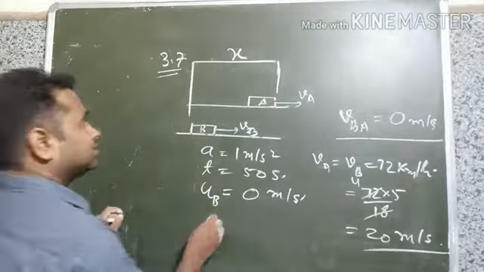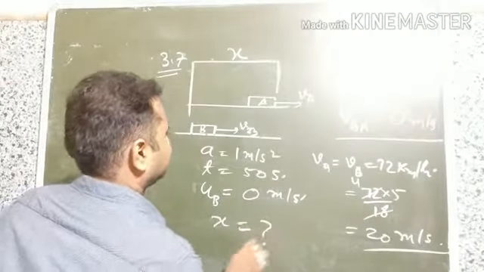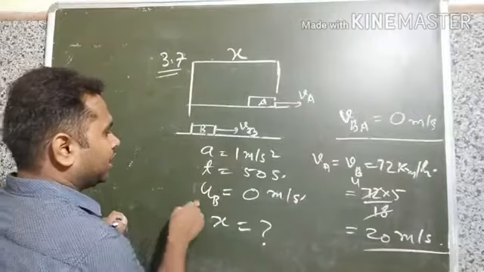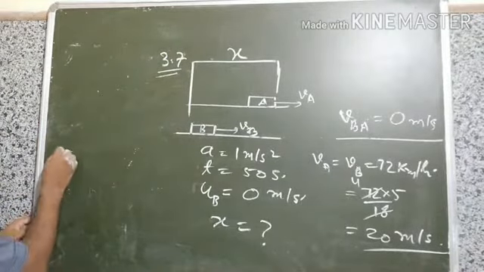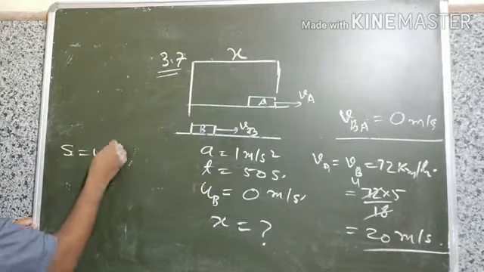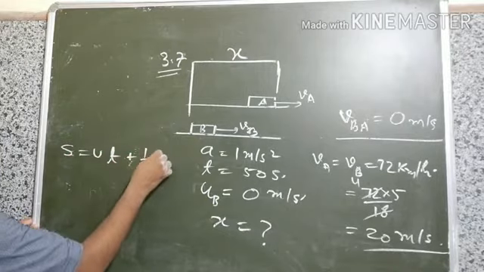We have to measure the distance, we need to find x. We have a, t and u, so we can use the second equation of motion, that is S equals ut plus half at square.